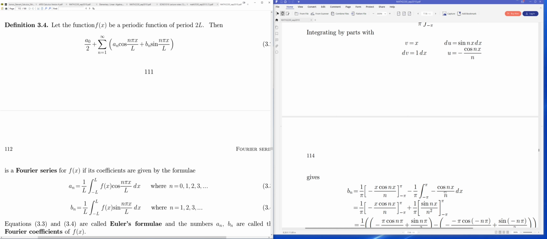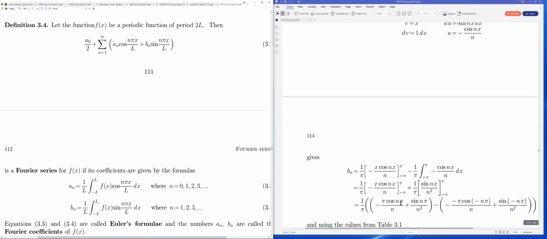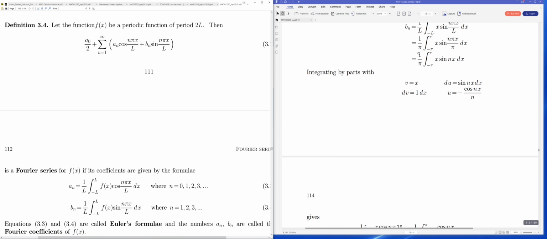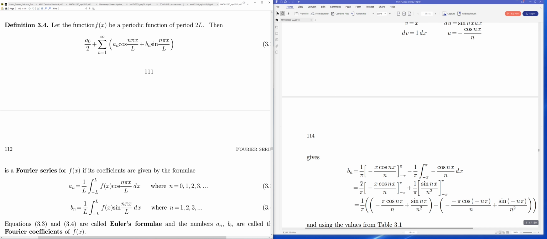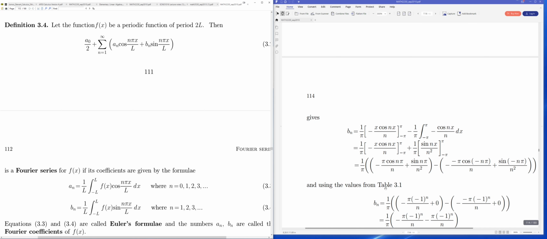And I need to integrate this cos nx on n. When I integrate the cos, I will get sine, and I need to divide by the n inside, so I'm going to get an extra n down here for the n squared. Okay, so far I have this. Remember, I had the 1 on pi outside, so I also have the 1 on pi outside here. And again, you put in your pi and minus pi.